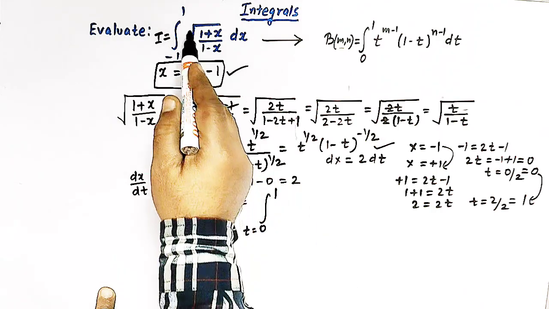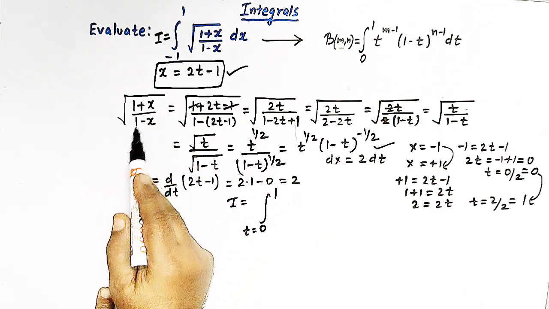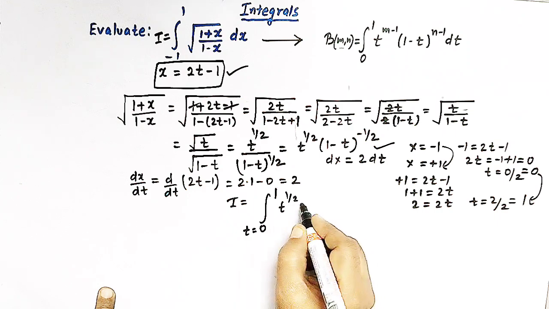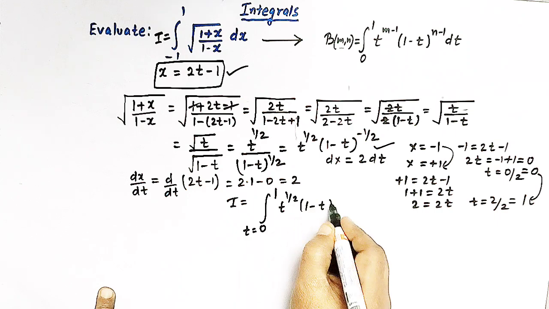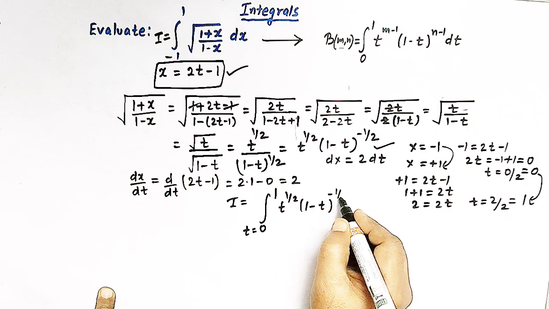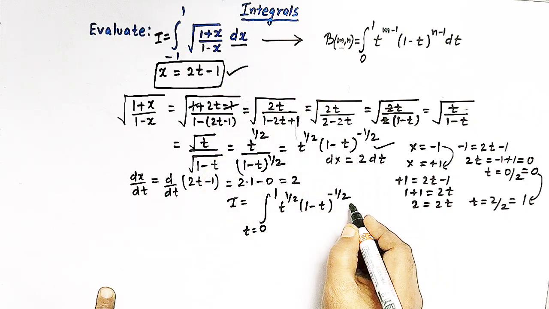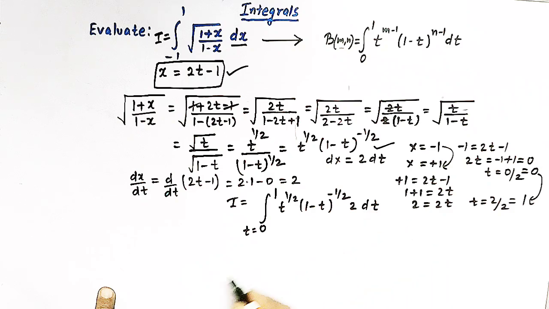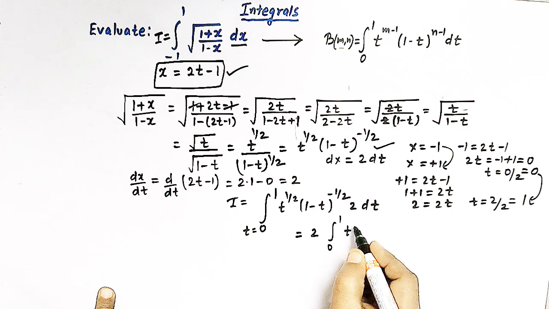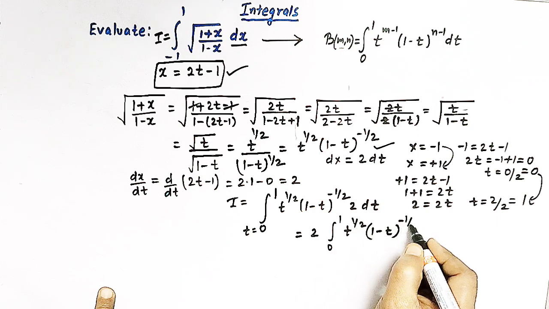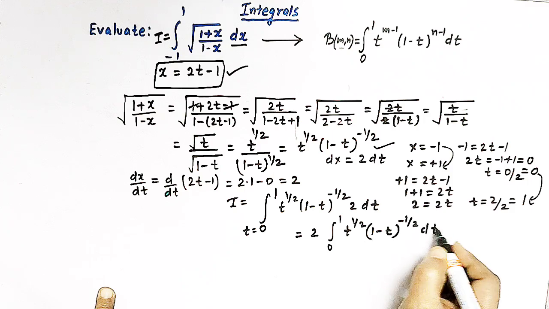And for square root of (1 plus x) over (1 minus x), we can now write t raised to half, and here we have (1 minus t) raised to minus half, and for dx we can write 2 dt. So we can now take this 2 outside the integral, and we have integral 0 to 1 of t raised to half, and (1 minus t) raised to minus half, and dt.